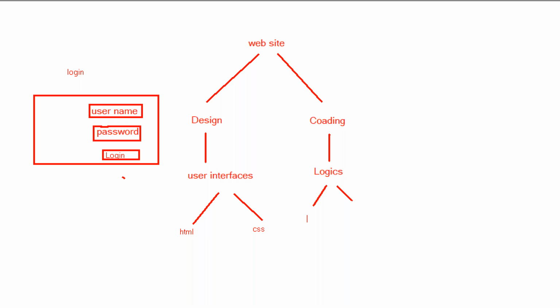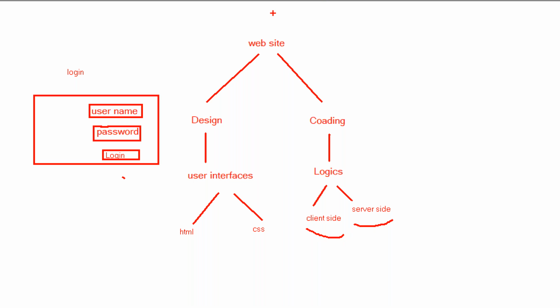What is the first one here? Client side, and the second one is server side logics. So from the coding point of view, two types of logics we're implementing. One is client side, another one is server side.